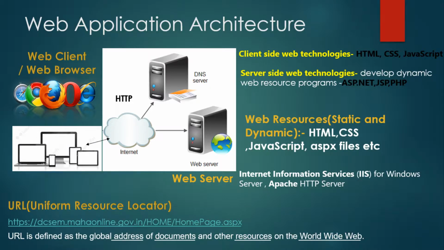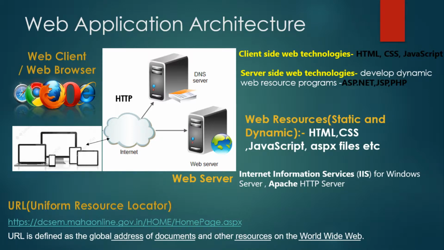will request the services. For example, suppose www.google.com or facebook.com, you are mentioning that in the address line of the web browser. These are the URLs, uniform resource locators. So that URL we are mentioning in a web browser, so the web browser makes the request.